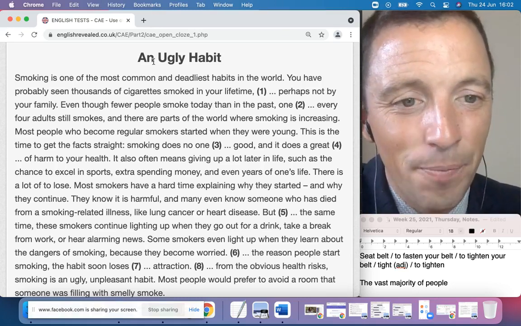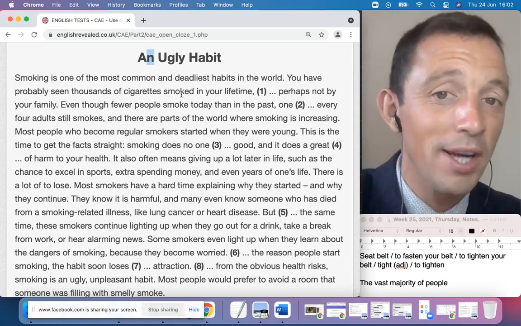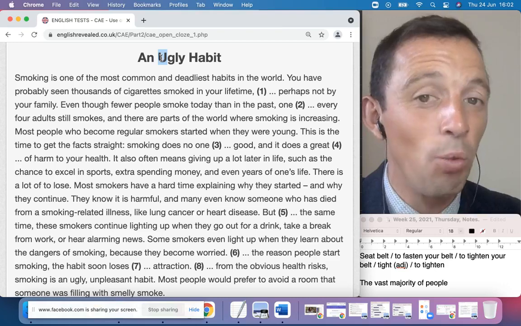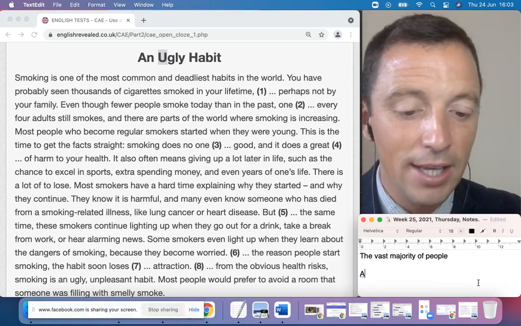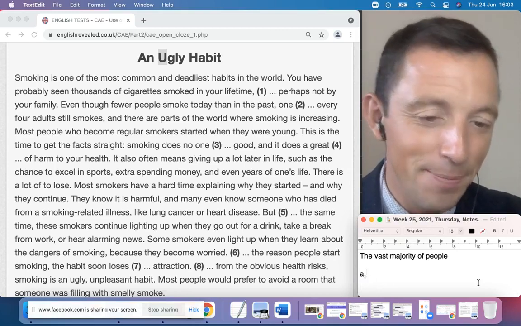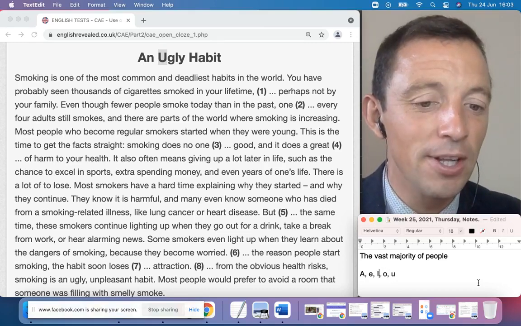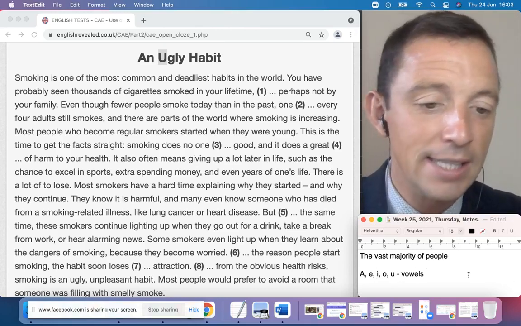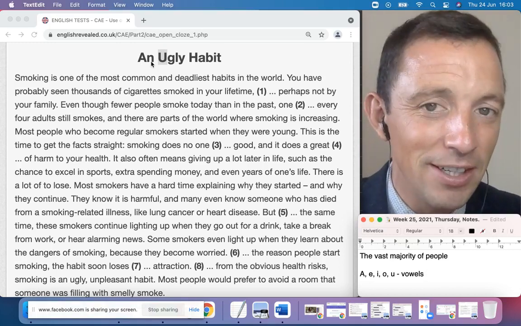And here we have the letter N, and I'm curious if you know the reason why we say AN and not A. And the reason, of course, is because the word begins with a vowel, and the typical vowels are A, E, I, O, U. So they're the typical vocales in Español. So in English it's A, E, I, O, U. They are the vowels. And because the word begins with a vowel, it's necessary the article AN.